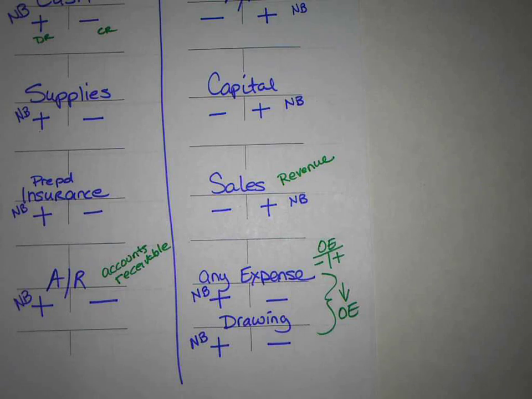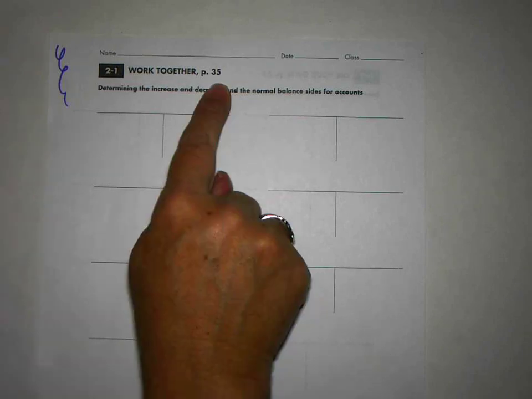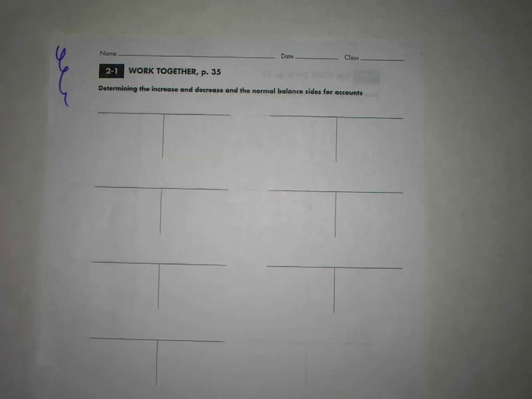All right. Now we are going to go through the working together for 2-1. So you've got your cheat sheet. This is very similar. The book, let's see, we are on page 35. It gives us a list of accounts.